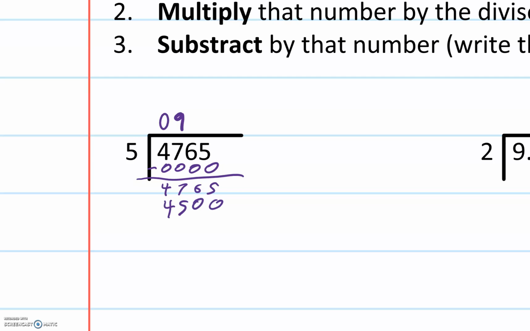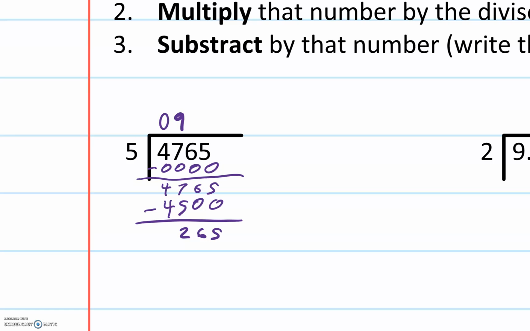So that will fit into 47. It's always the most that you could fit in. So 45, and now we're left with 2. Because we multiplied, 9 times 5 is 45, then we subtracted, step 3, to get this answer.